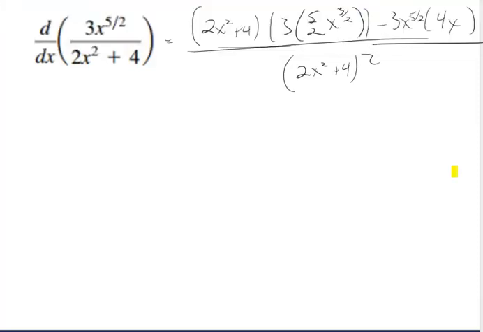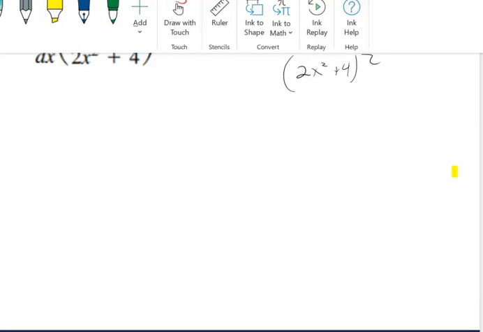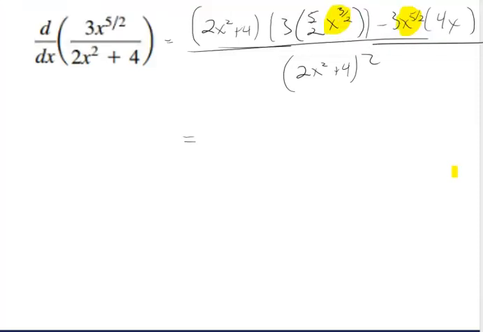What's common to these? I guess there's a couple things I can do with it. There's an x to some power I can take out of that. I think before I do the factoring step, I probably better clean it up a little bit. Let's see, 3 times 5 halves is 15 halves, x to the 3 halves times this guy, 2x squared plus 4.